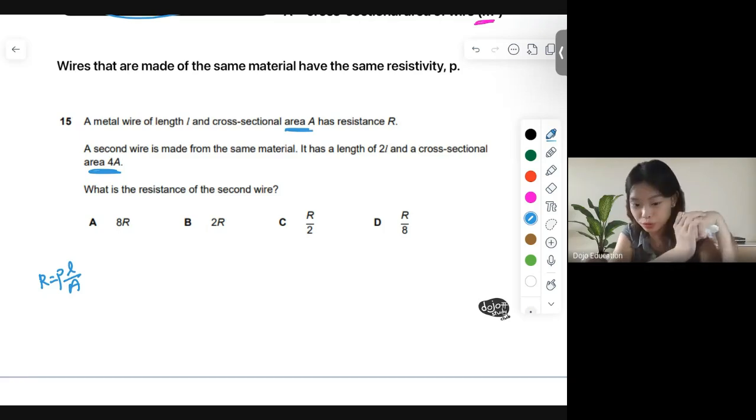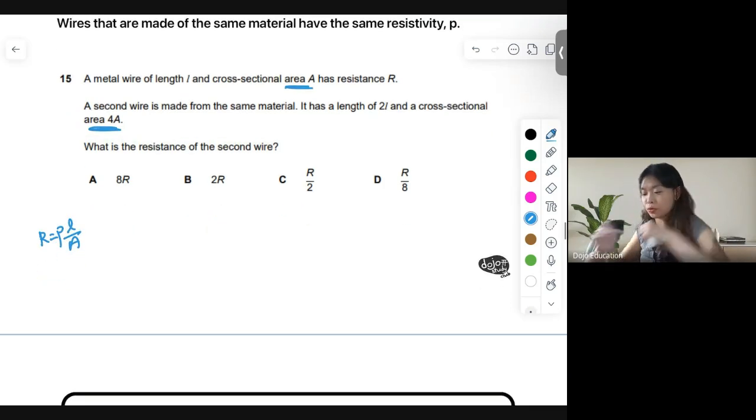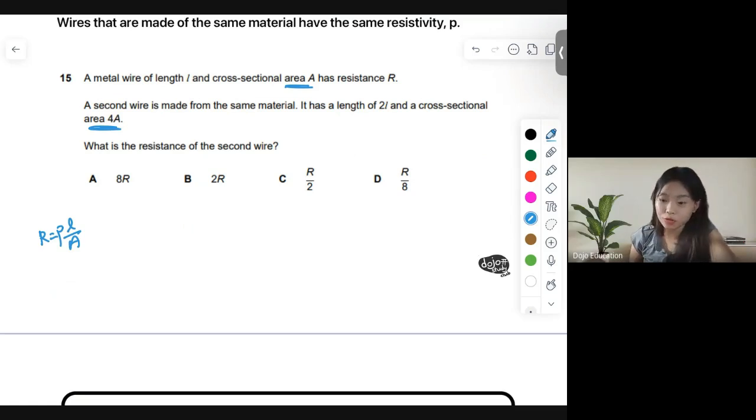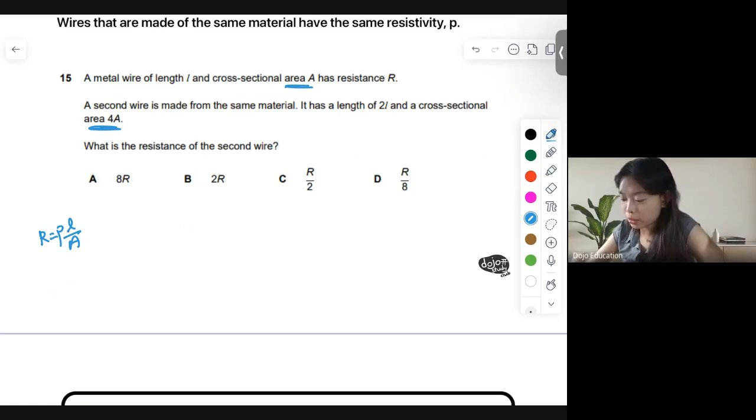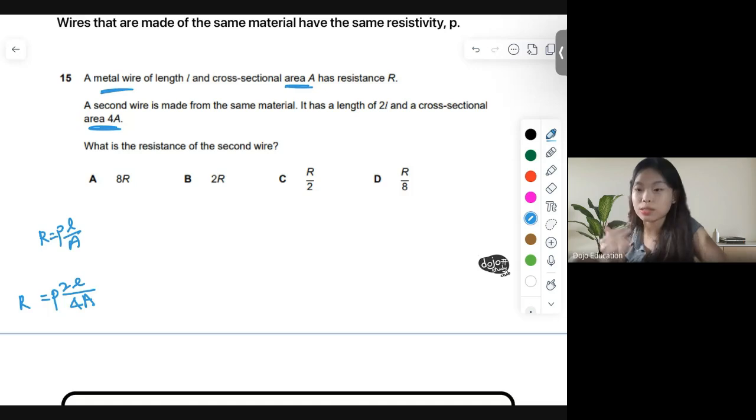Let's go through first. R equals rho L over A. So we all know that this is the formula that we should be using. For the first metal wire, it is of length L and a cross-sectional area of A, so it's rho L over A. For the second wire, the resistance is rho 2L over a cross-sectional area of 4A. So this is how it looks now, for the second wire.